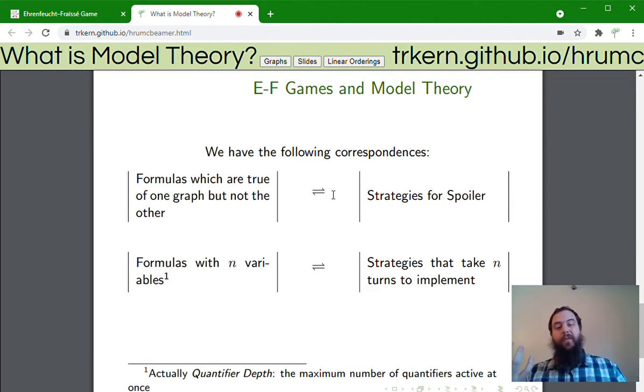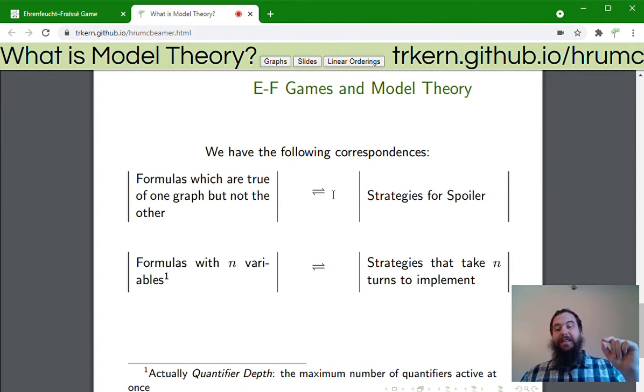If you have a formula, it takes a little bit of practice, but you can actually read off spoiler's strategy from the formula. And if you have a strategy for spoiler, you can convert it into a formula which is true of one graph and not true of the other.